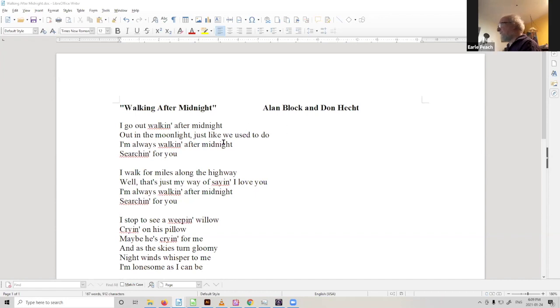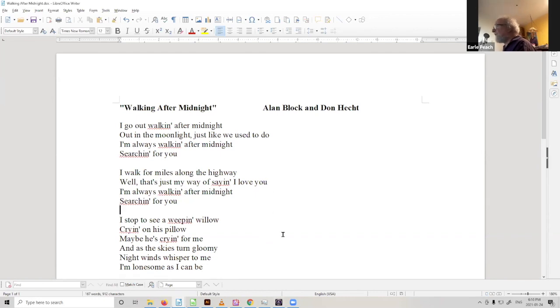Right. So you're right, obviously you have to do something different with this line. Out in the moonlight, just like we used to do, or something like that. I'm always walking after midnight, searching for you. I could easily imagine those lyrics in 3.